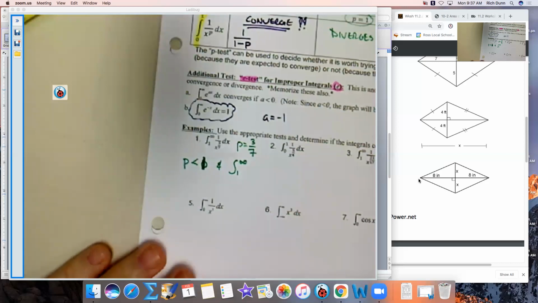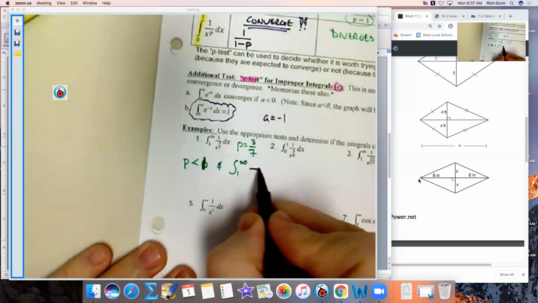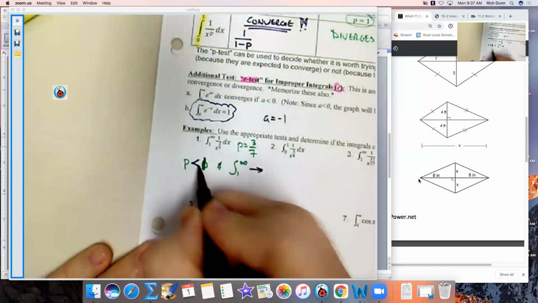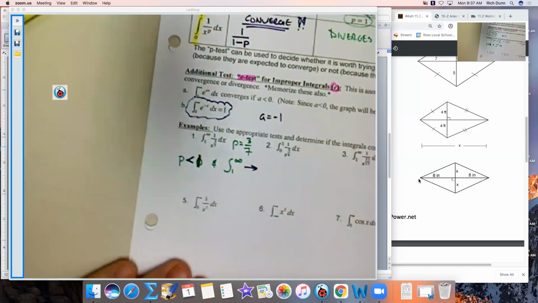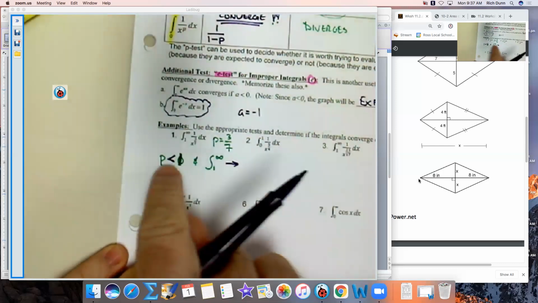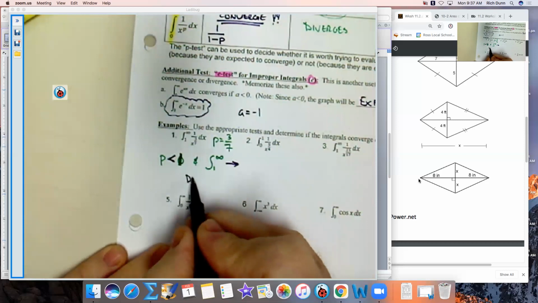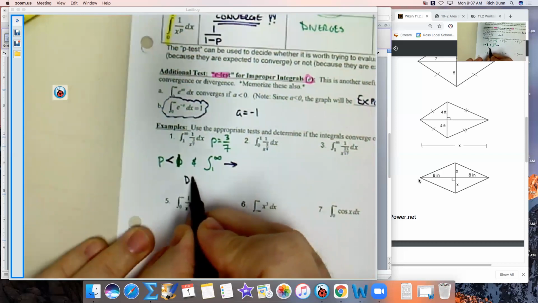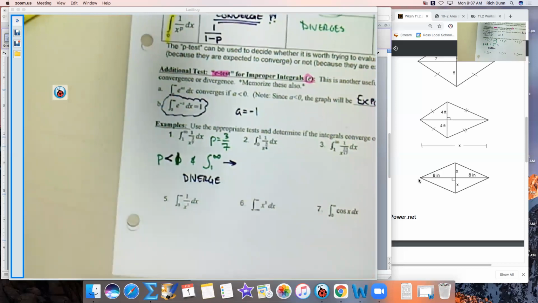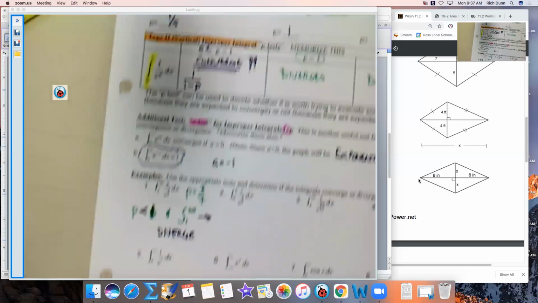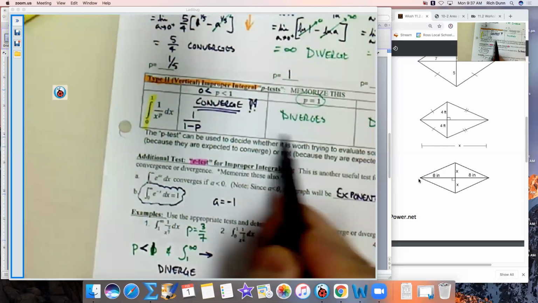If you'll look back at the previous chart, you'll see that this combination is not a good combination if we wanted to converge. This one is going to diverge. Don't need to do any analysis of it. I can quickly use my p-test, say it diverges, and move on. That's the nice thing about the p-test. And again, that was summarized in this statement up above.